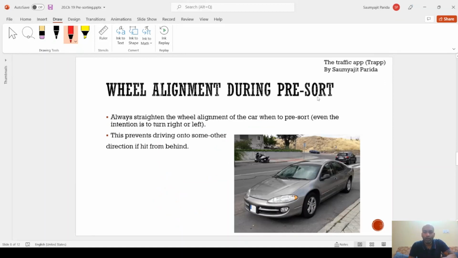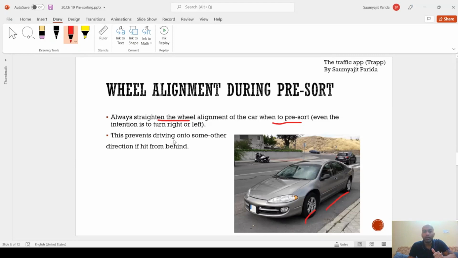Wheel alignment during pre-sorting. Always the wheel should be straight when you pre-sort. Like if I want to turn left here, then my wheel alignment should be straight. Even if I want to turn right, then my wheel alignment should be straight.